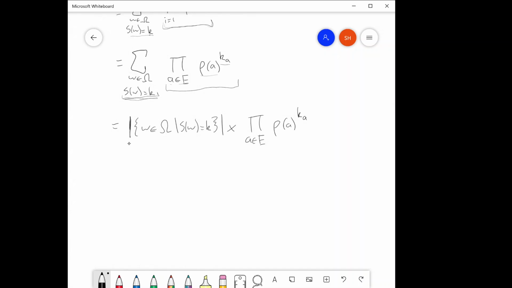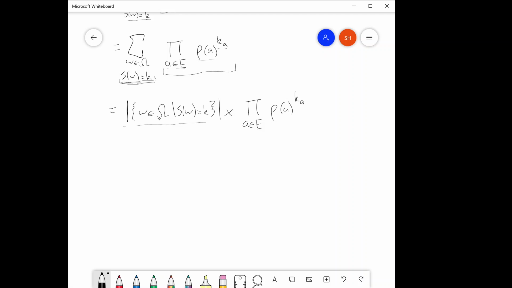So what is this? Note that this is an element of Omega in which we only consider the colors. First of all, if we start with some omega such that S of omega is k, then if we reorder omega, we're still going to find that S of omega is k, because it just counts the number of each color in omega.